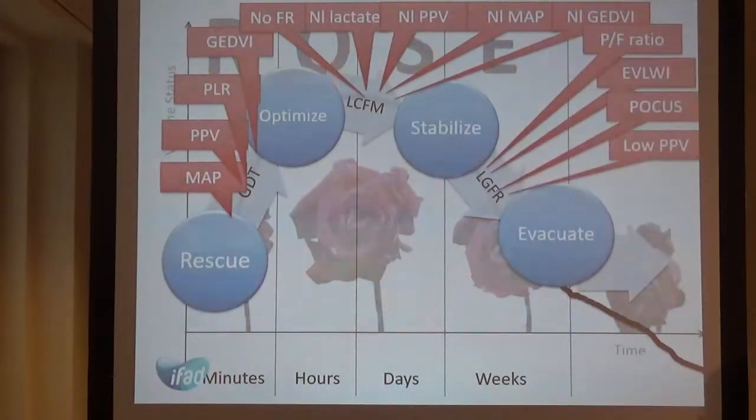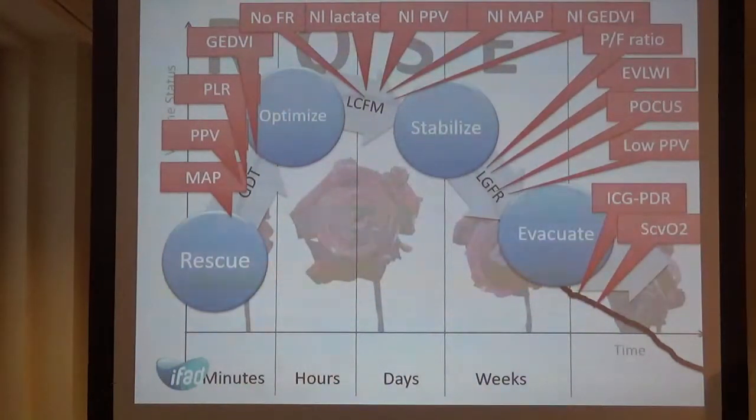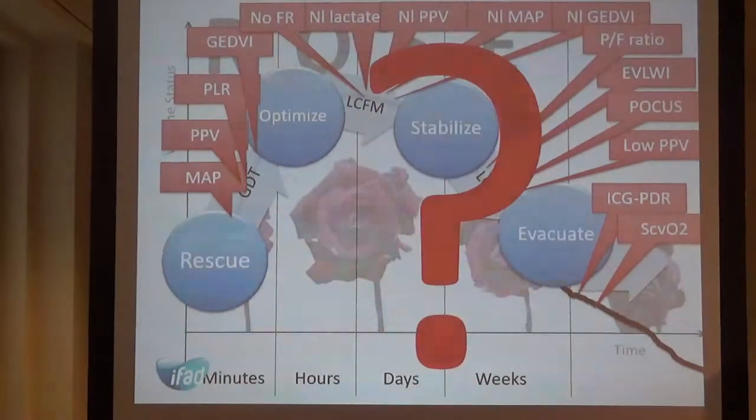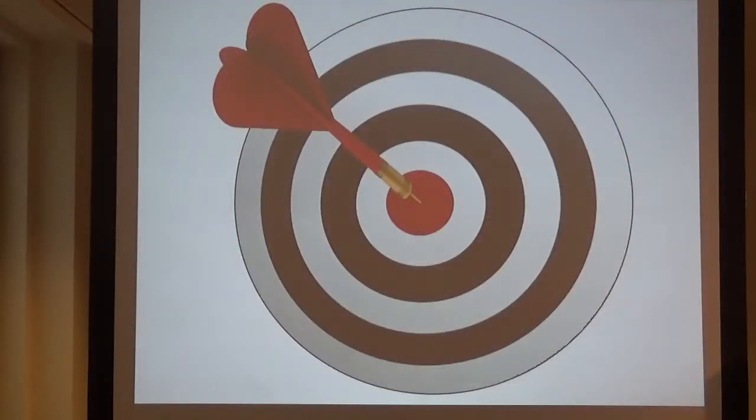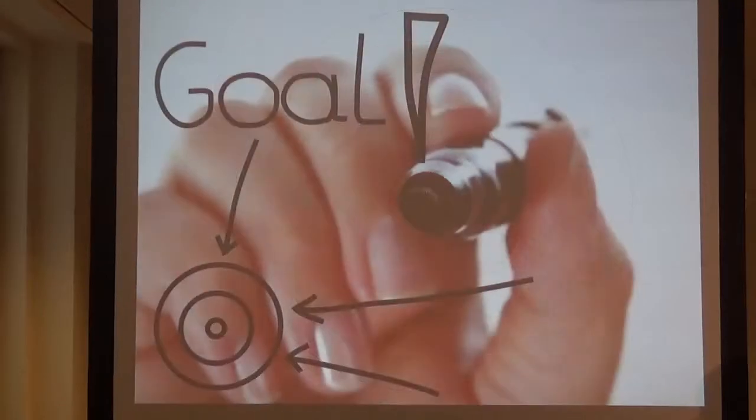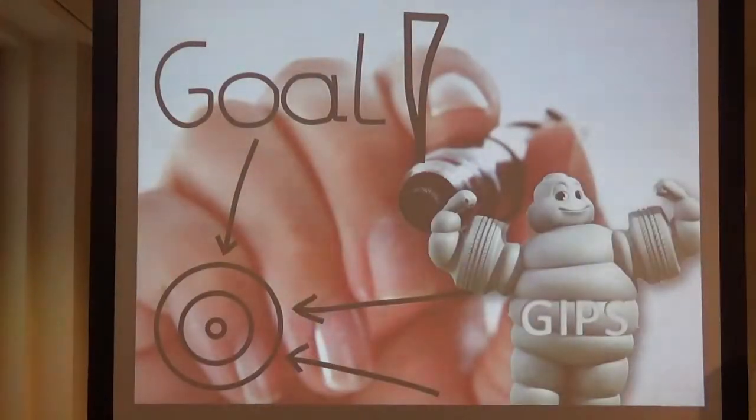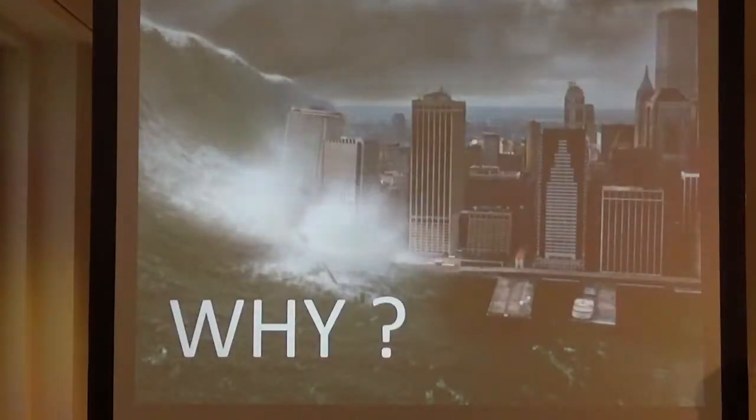Probably at the late phase when we are de-resuscitating, it's the impact of the fluid overload on end-organ function that will trigger active fluid removal, of course at the end avoiding hypoperfusion and tissue hypoperfusion. So it's about finding the right targets in order to reach the right goals, which is to avoid fluid overload and global increased permeability syndrome.